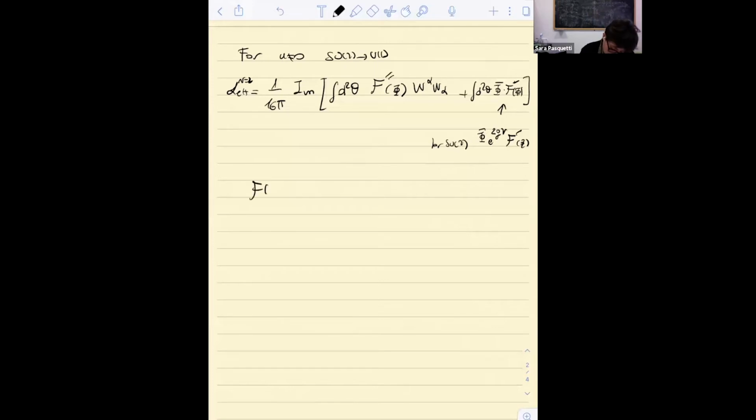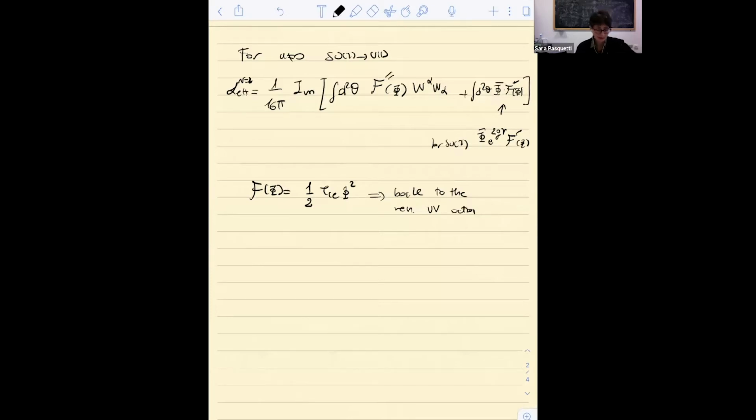So if we choose the prepotential in this form, we go back to the renormalizable UV action. So the form of the prepotential can in fact be fixed by non-renormalization theorems.